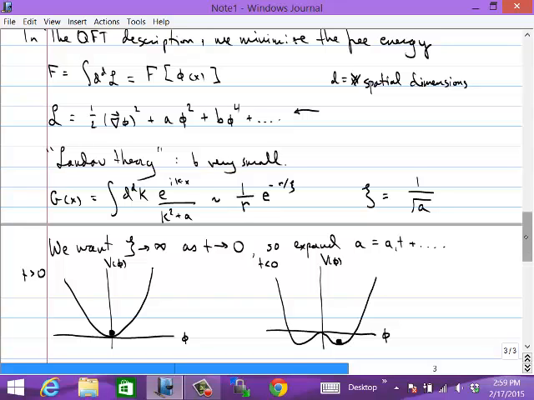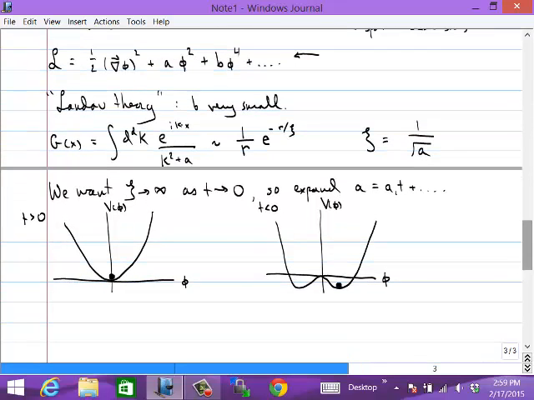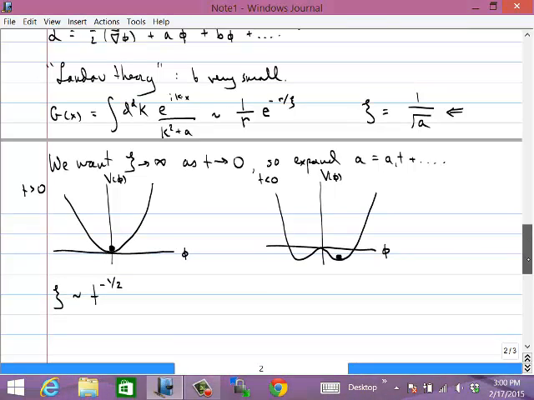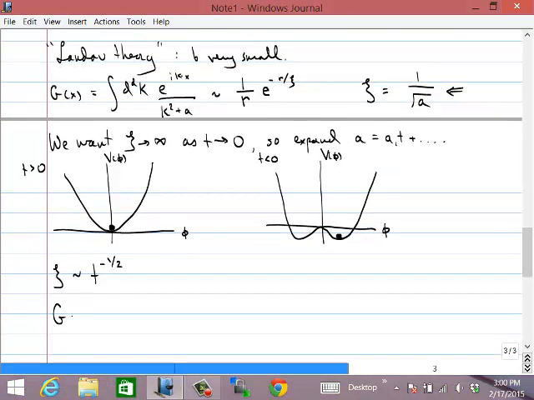So you can see from this that the correlation length will go like t to the minus 1/2, just from this formula here, expanding A at linear order in t. And the Green's function will be just that for a free field.